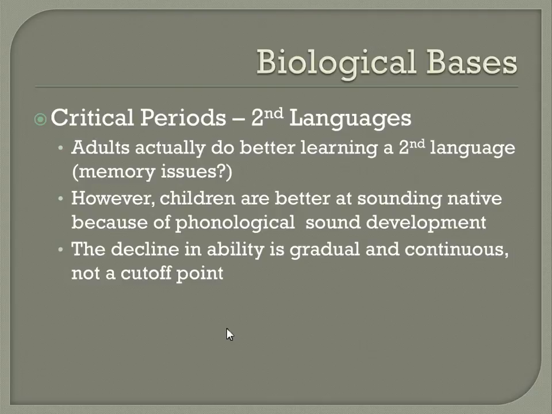But children are better at sounding like natives because they're not set in their phonological development, and over time, children are better at that sort of native understanding of the language. They get the grammar a little easier, and then the words come later, whereas adults are better at memorizing the words, and the grammar is a little harder.